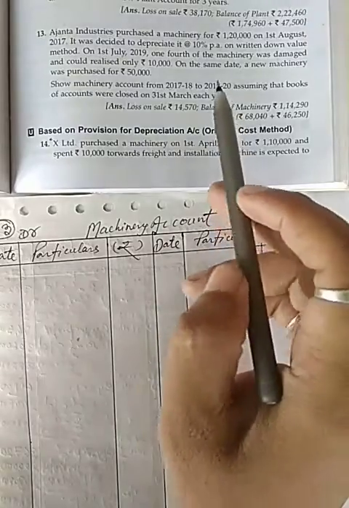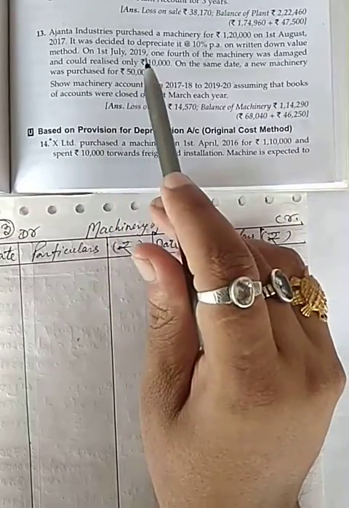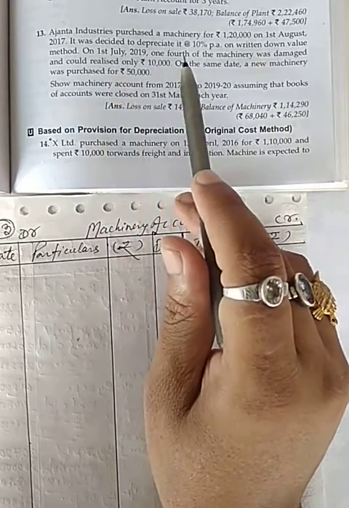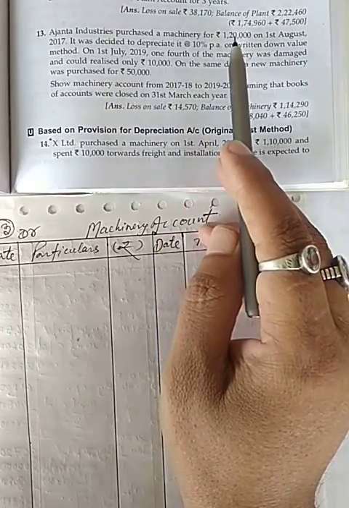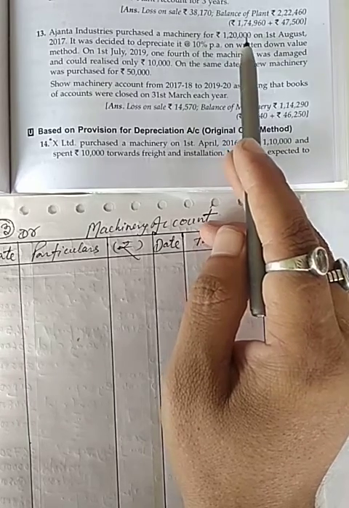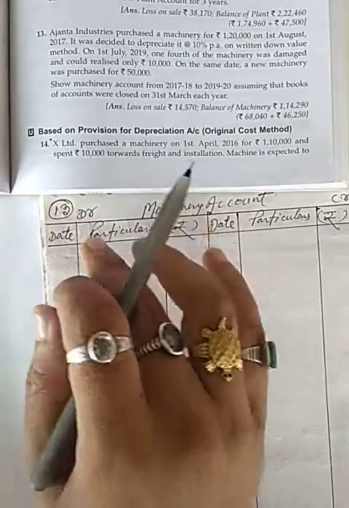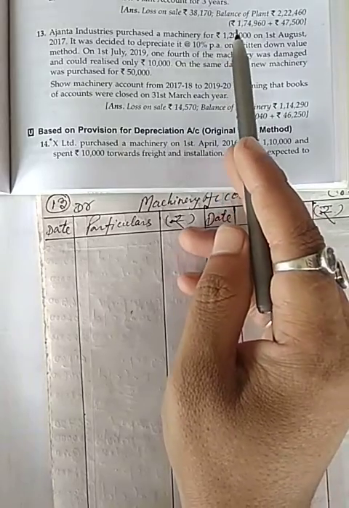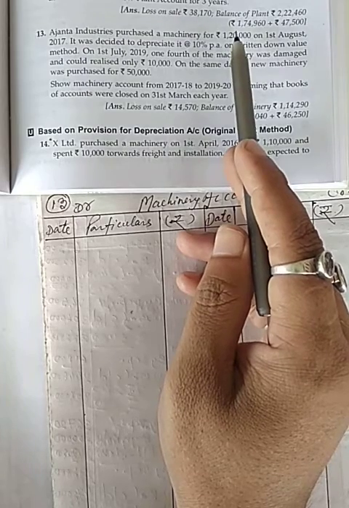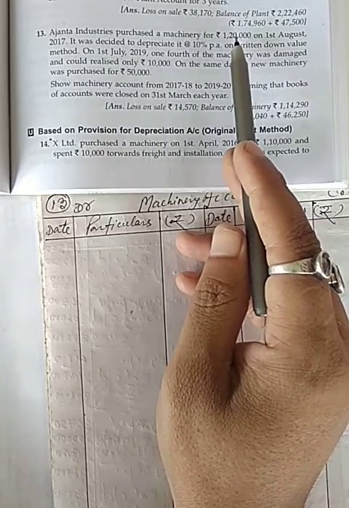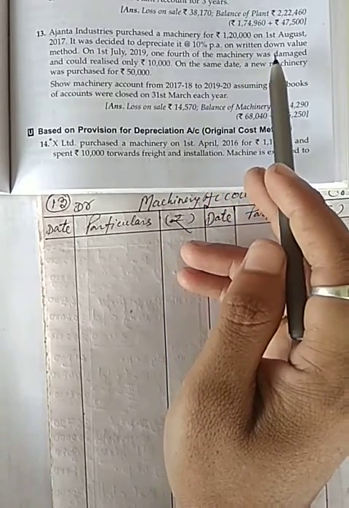Student, in this question 1/4 of the machine was damaged and sold. So in the very beginning, when we purchased on 1st August 2017, I have to divide this machine into two parts. That means one part will be 1/4 and another part will be 3/4, because 1/4 of machinery was damaged.